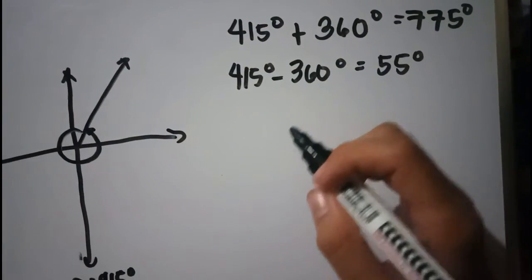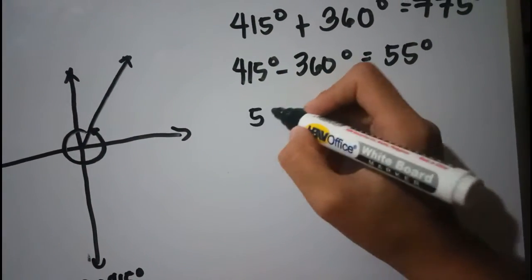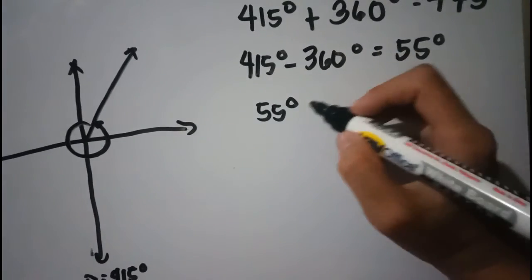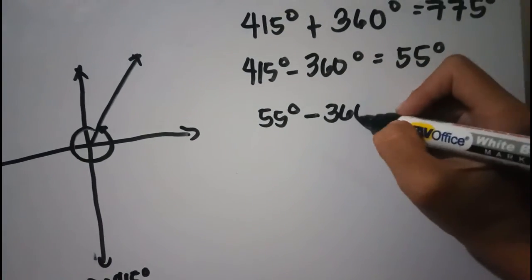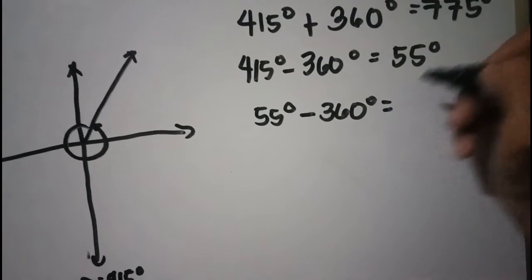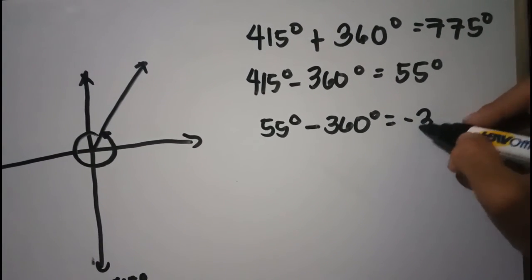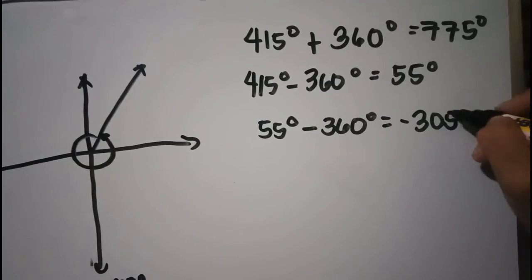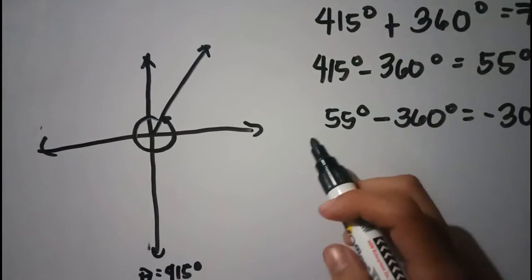And it's still a positive coterminal. We need to find the negative one. So, copy 55 degrees, then subtract 360 degrees. Now, we have negative 305 degrees. Okay, let's see.